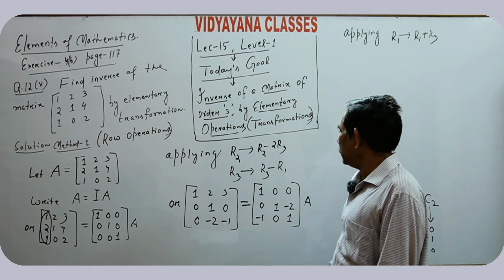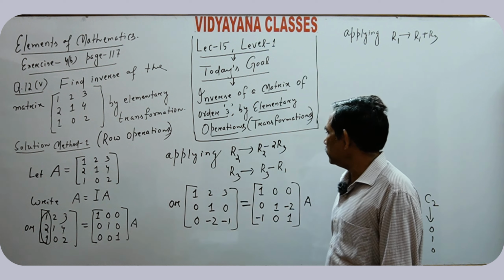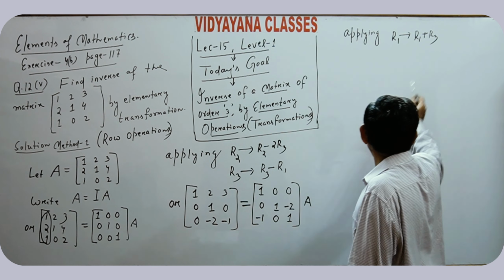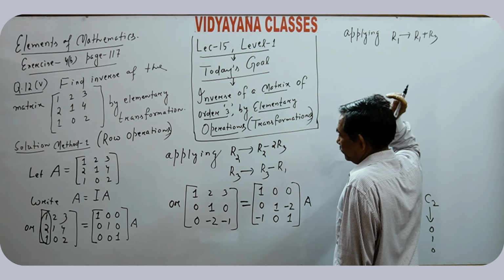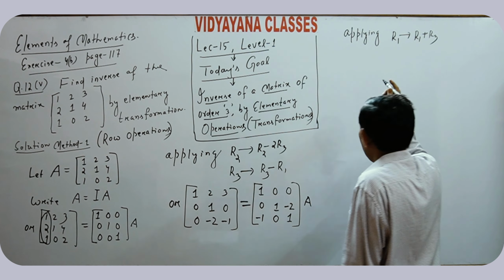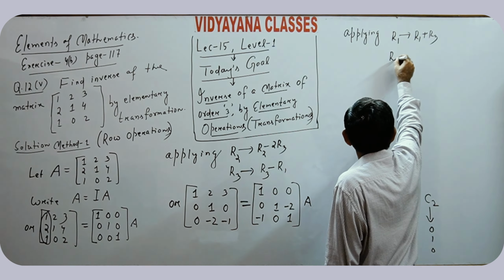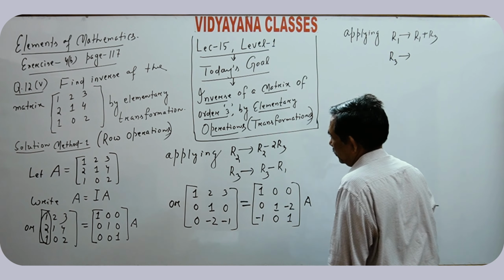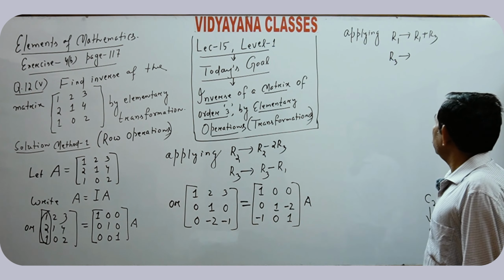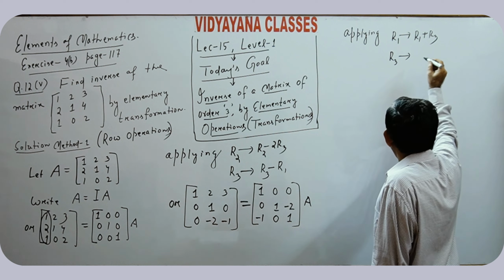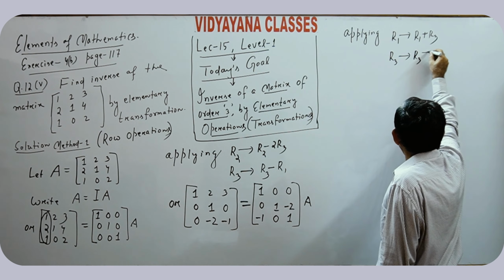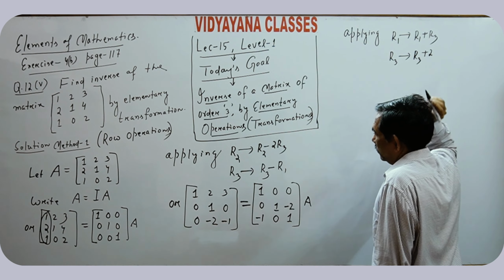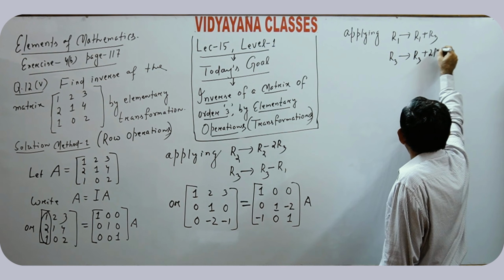Apply row 1: 2 plus minus 2 is equal to 0. So we write R1 minus 2R2, and R3 is replaced by R3 plus 2 times of R2.